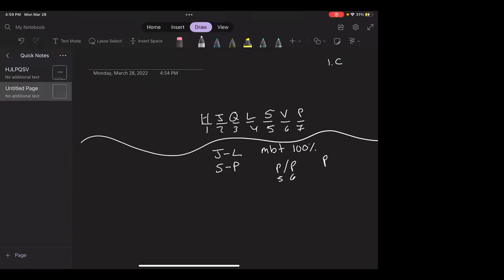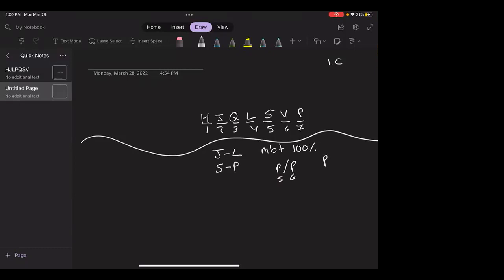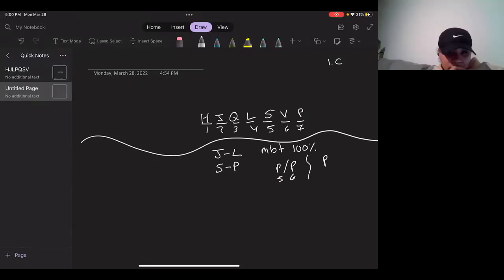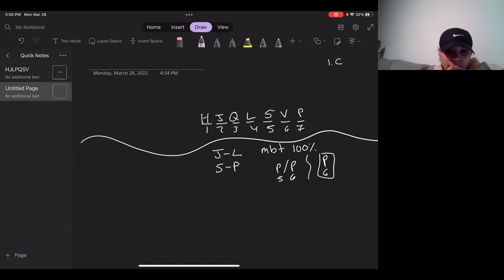So our worlds or our answer choices should always satisfy the rules. And so for what must be true, we're looking for something that's 100%. So if my diagram says that P can either go in 5 or 6, then it can flip-flop. It's not 100% certain, right? But if I find out the setup says that P has to always be 6 in order to satisfy all the other rules, that then is 100%. Got it.